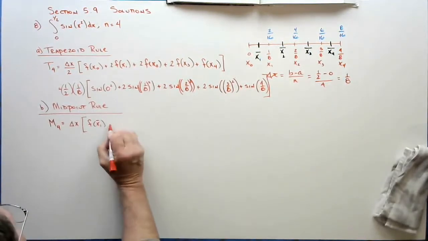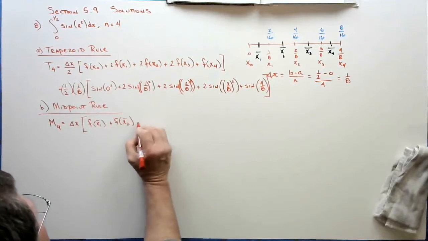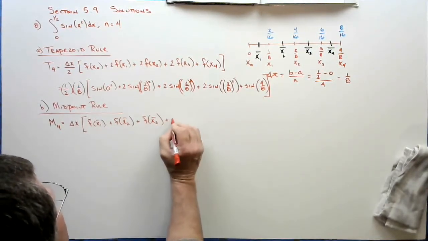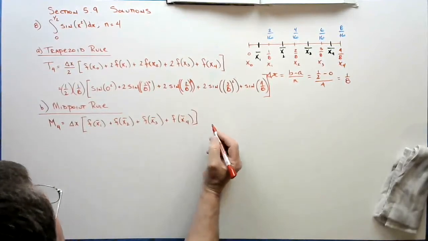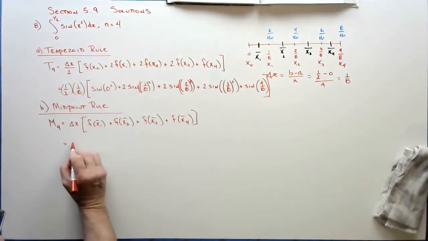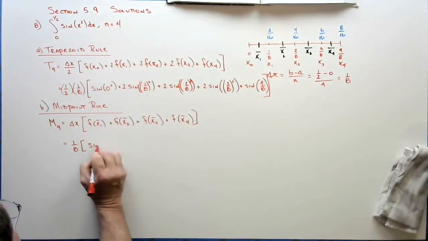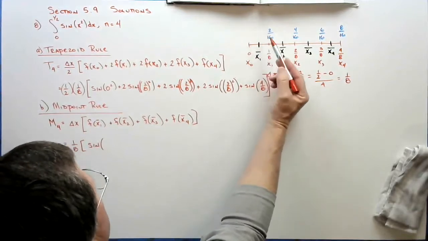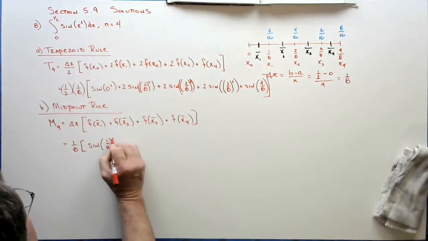But our formula, just to finish writing it out, this would be f of x sub 2 bar plus f of x sub 3 bar plus f of x sub 4 bar. Now, if we write that out, that's going to be delta x, which we found was 1/8, times the sine of, remember, x sub 1 bar is the average, so that's going to be 1/16 squared.